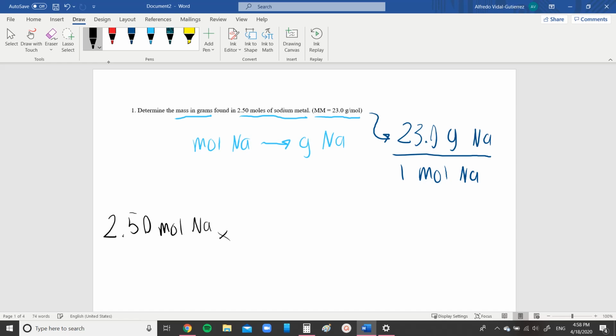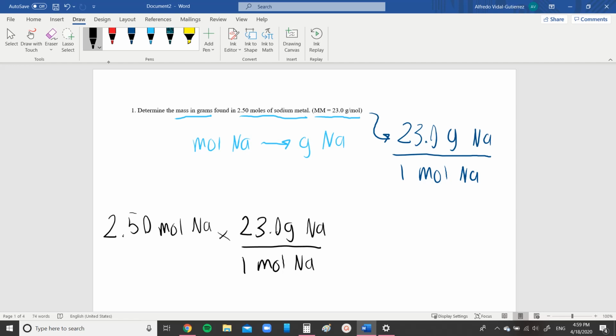And my ultimate goal is to get rid of this unit, cancel it out, and convert it into grams of sodium. So if I just multiply it by this fraction, it will be 23.0 grams of Na over 1 mole of Na.